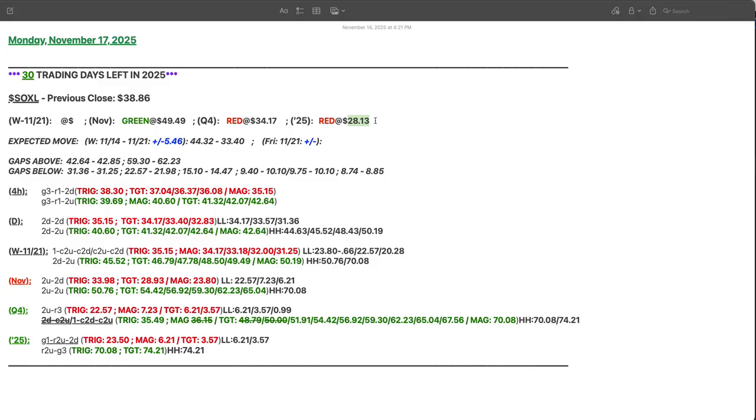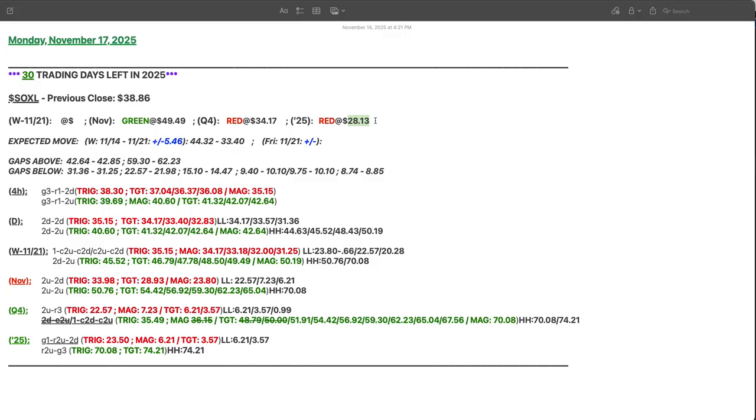So even if we were to go full time frame continuity to the downside, we're close enough to the end of the year that I don't know that we would go too red, right? And that 23.50 level is that point that we can go to make a higher low on the week time frame. So I don't know that we would go too much further than that this year is what I'll say.